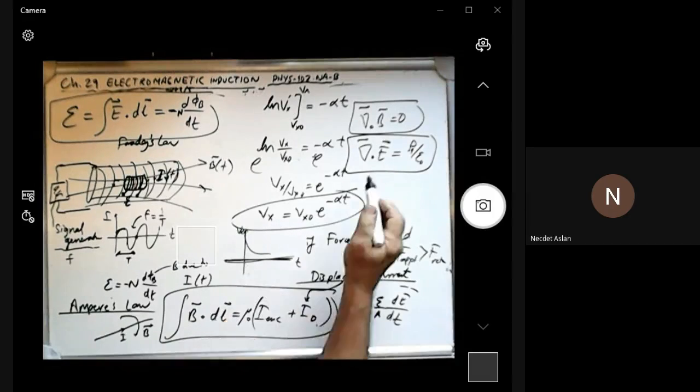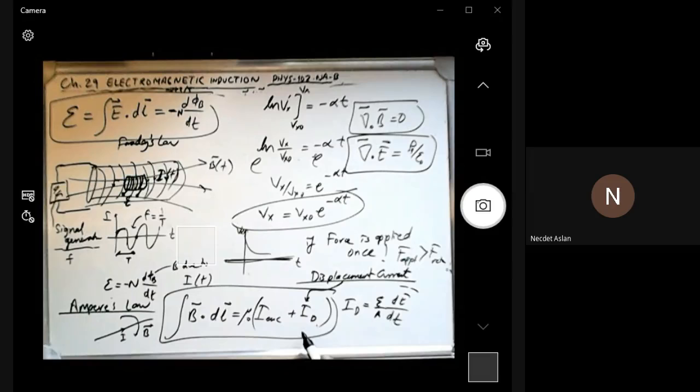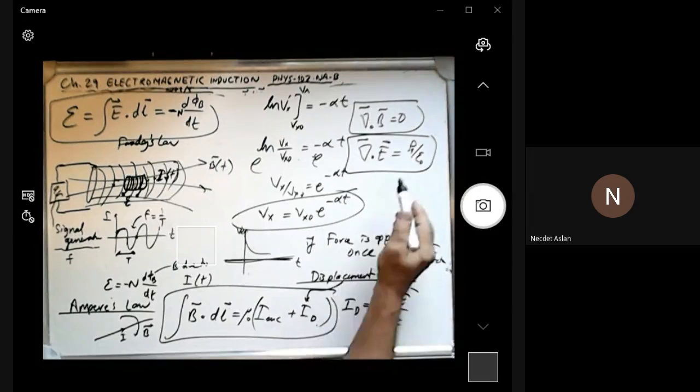So these are the four Maxwell's equations that govern electromagnetic theory. But if there are no charges and it is in empty space, this term is also 0.